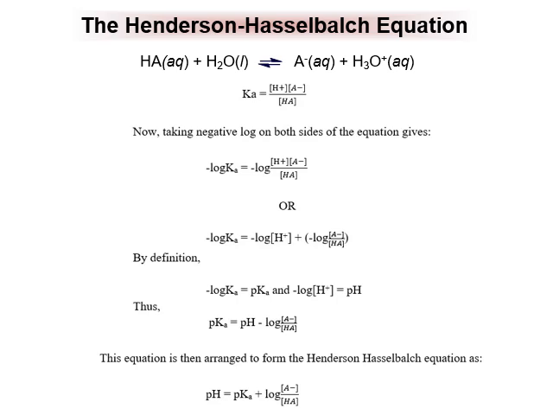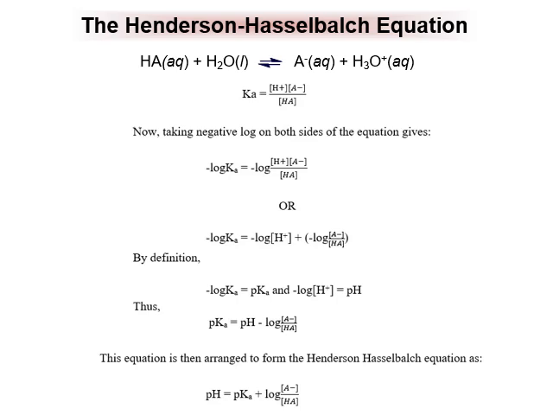Now if you take the negative log of everything, what does it give you? Negative log Ka equals negative log of all of this. If you separate all these components, it gives you negative log Ka equals negative log of H+ plus negative log of A minus divided by HA.